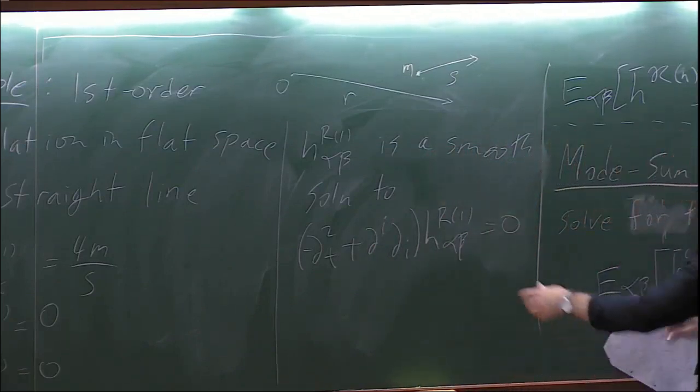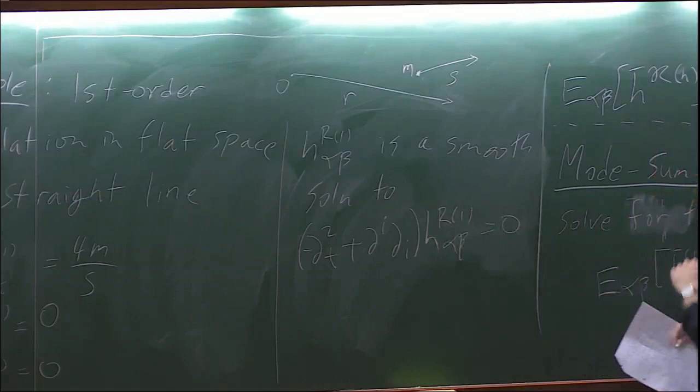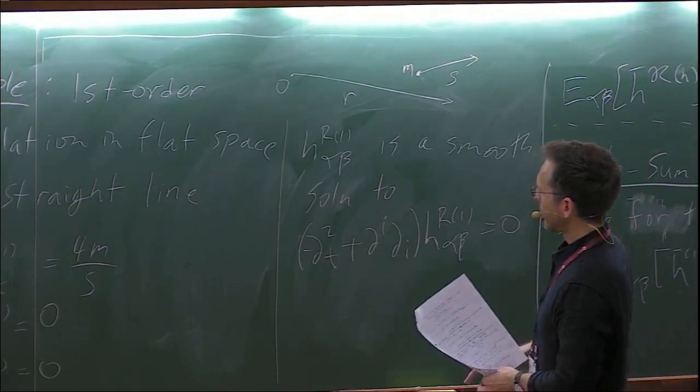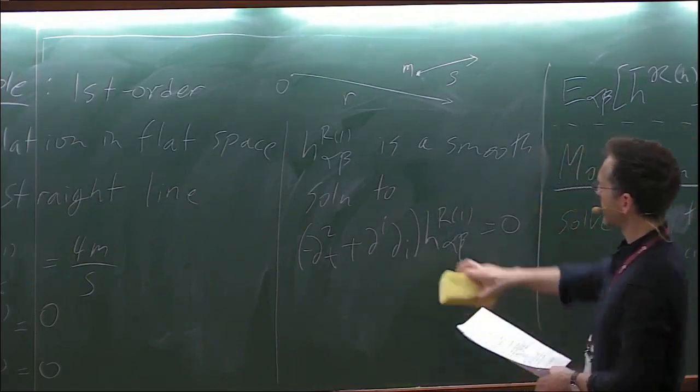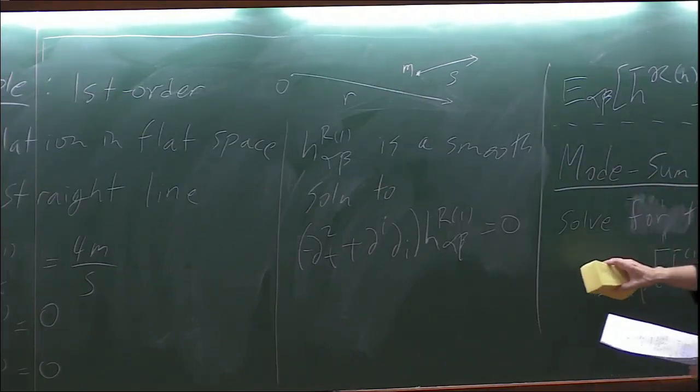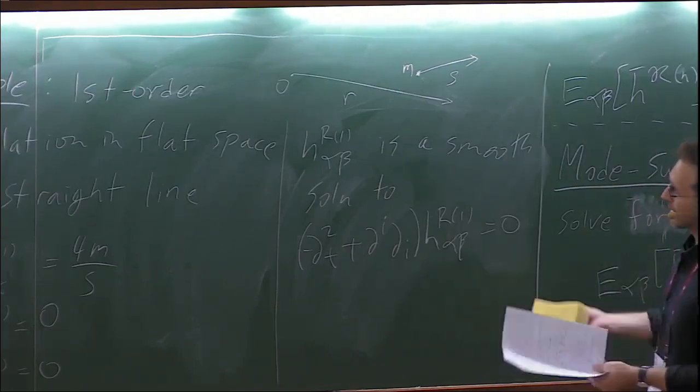It actually doesn't matter whether you have h bar here or just h, it's still true. All right, so let's say you have some solution to this. It could be an incoming wave that just passes through the particle. I guess that's all it can be.